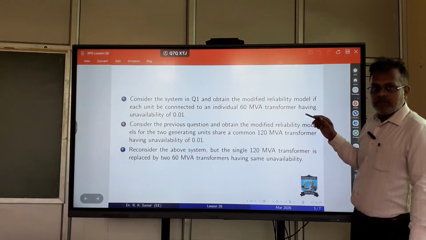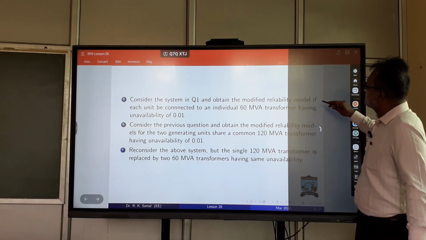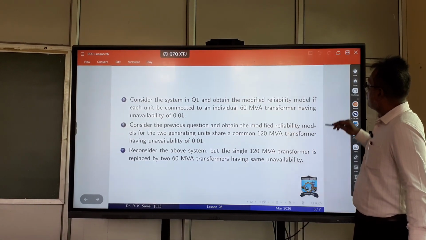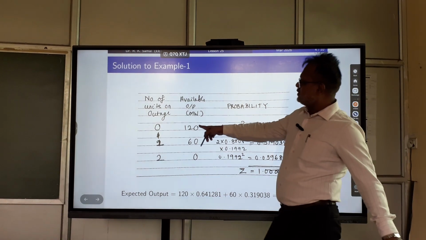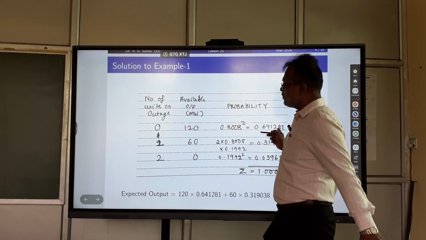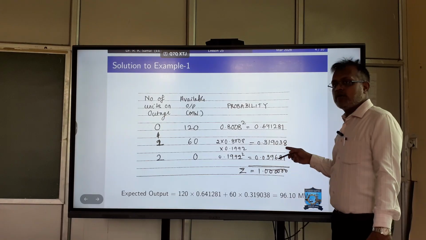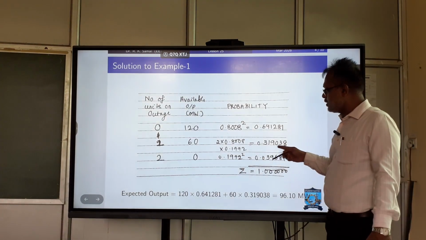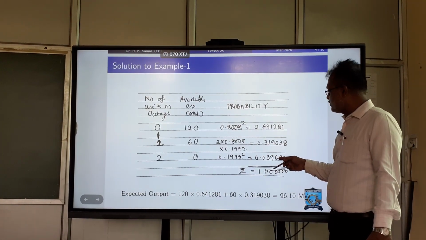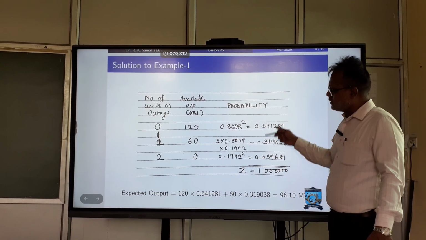For that system, write again the output. Just write this: 120 megawatt at the probability 0.6412, 60 megawatt 0.31968, 0 megawatt 0.03968. So write down only the last one.